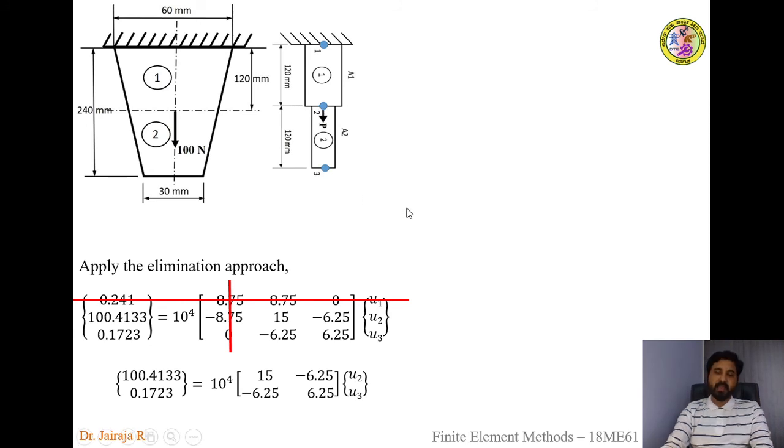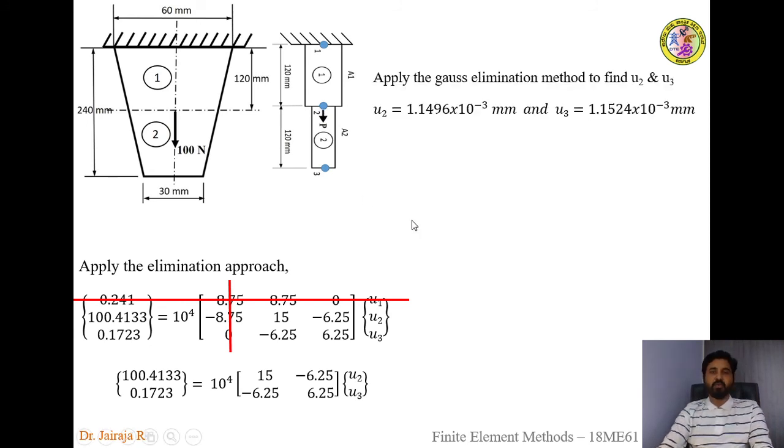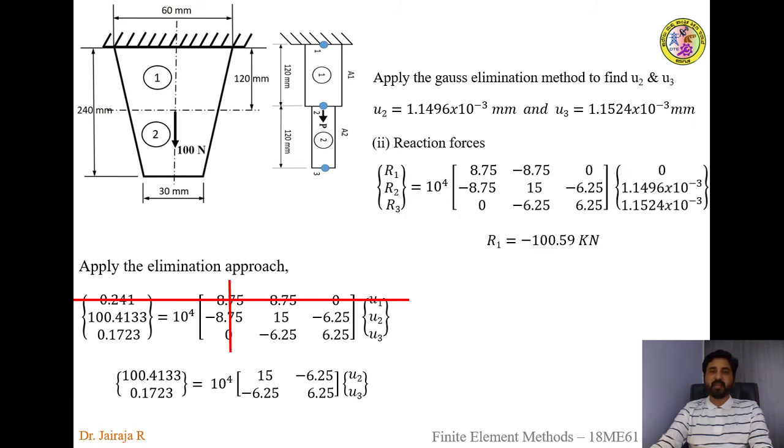We need to apply the Gauss elimination method to obtain U2 and U3. U2 is 1.1496 into 10 raised to minus 3 millimeter and U3 is 1.1523 into 10 raised to minus 3 millimeter. From this nodal displacement we can calculate the reaction. Since only node 1 is constrained, we can obtain the reaction at node 1.